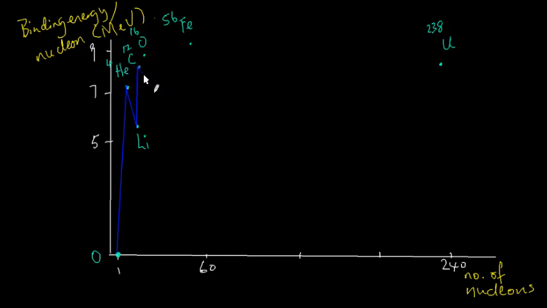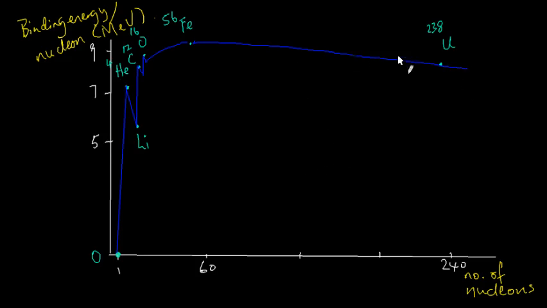So something like that goes down, comes up, and maybe goes down a bit, and many more elements to iron, and many more elements to uranium, a slighter curve downwards.